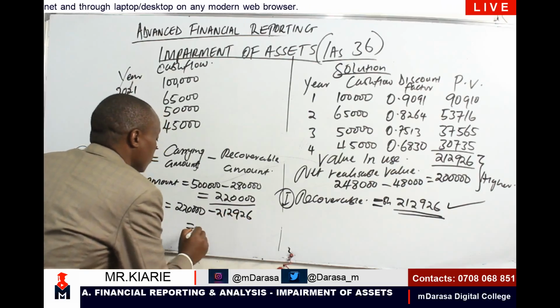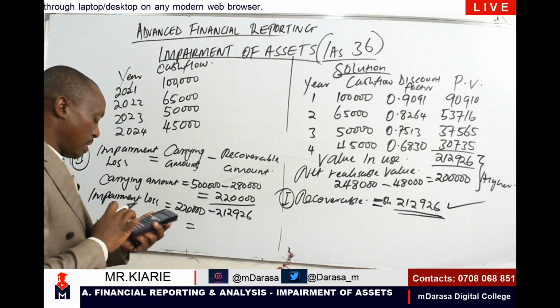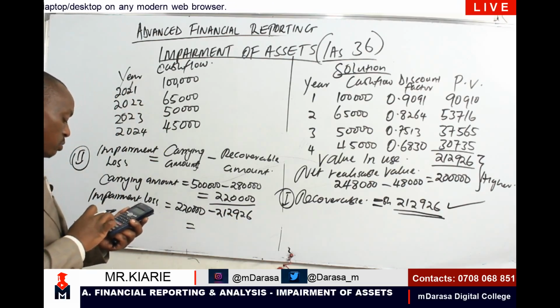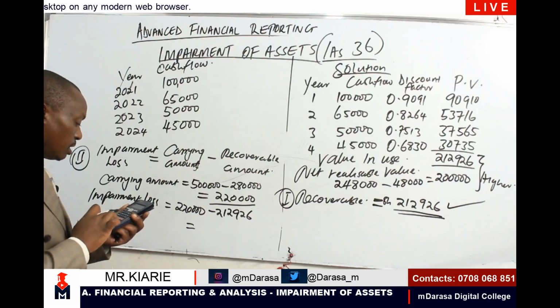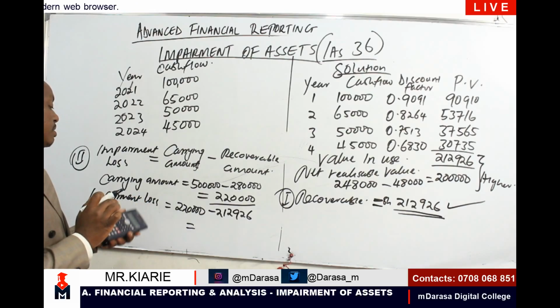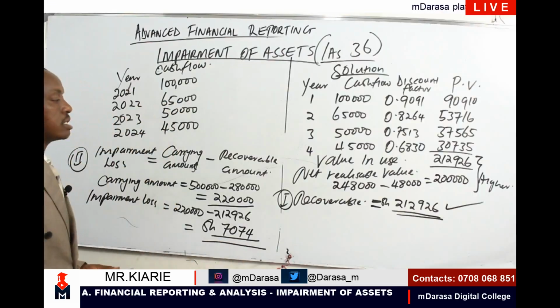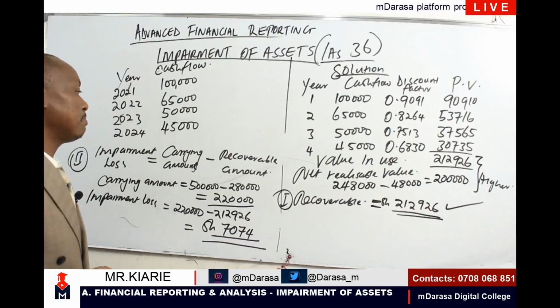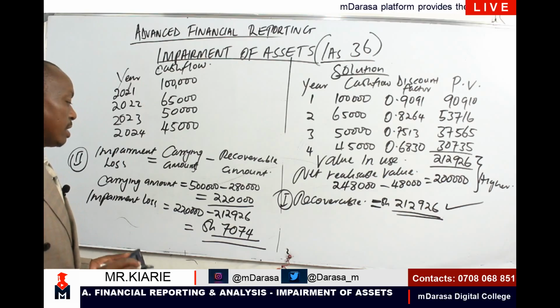Once I work it out, our impairment loss is 7,074 shillings. So that is how you determine the impairment loss of an asset.